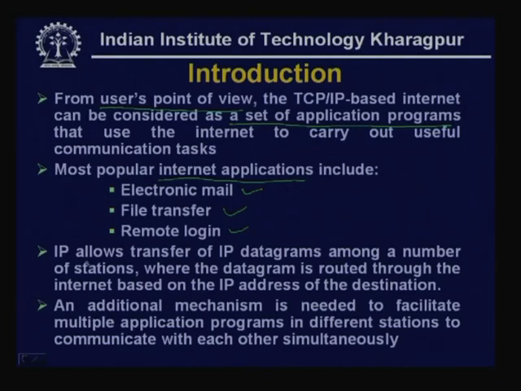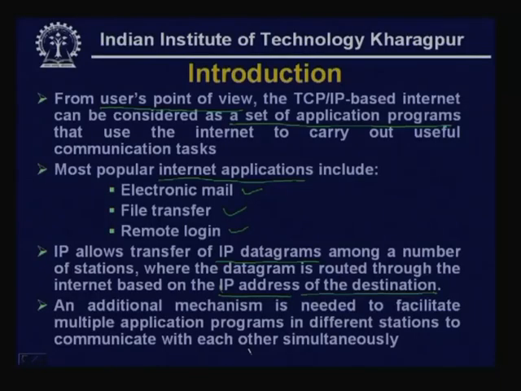We have seen that Internet protocol allows transfer of IP datagrams among a number of stations, where the datagram is routed through the internet based on IP address of the destination. So, we have seen in the last lecture the Internet protocol allows communication between two computers or two hosts, and that is done with the help of the IP address.